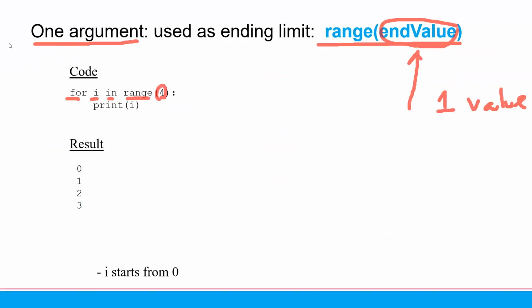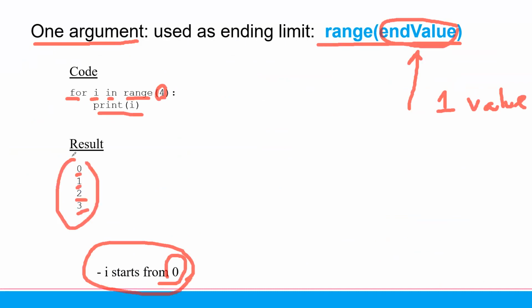When you print it, you will see 0, 1, 2, 3. So please note that if you have only 1 number or 1 argument, I will start from 0. I starts from 0.